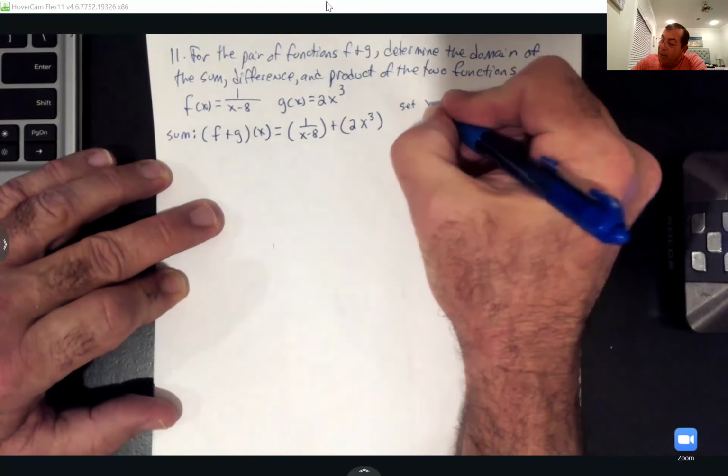But I already know what the x cannot equal. It cannot equal 8. So the domain is going to be exactly the same. x such that x is a real number and x cannot equal that 8.